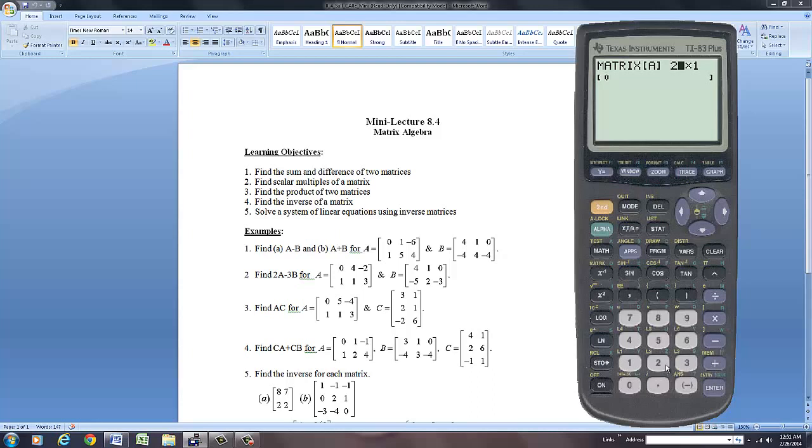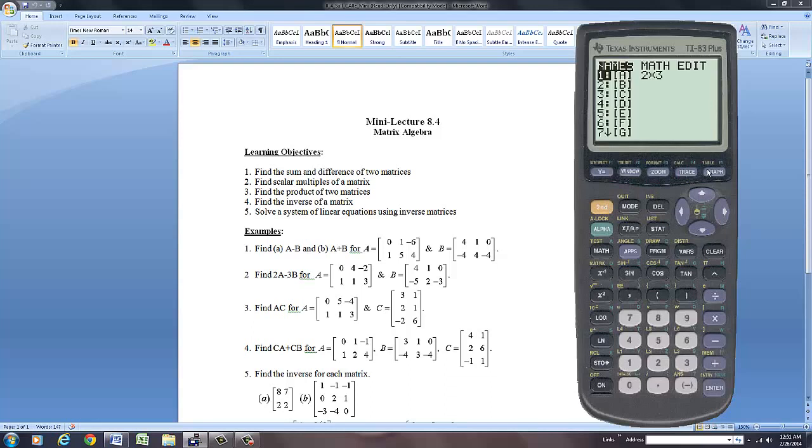So put a 2, enter, 3, enter. And then we enter the components: 0, enter, 1, enter, -1, enter, 1, enter, 2, enter, 4, enter. Okay, then we're out of this menu, so second, quit, and then back to the matrix menu.